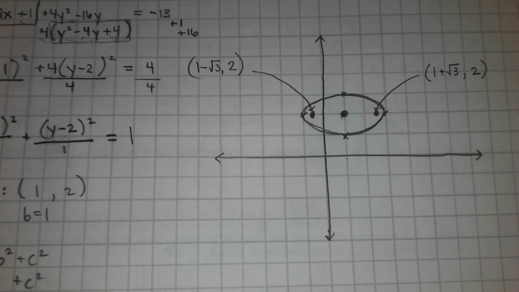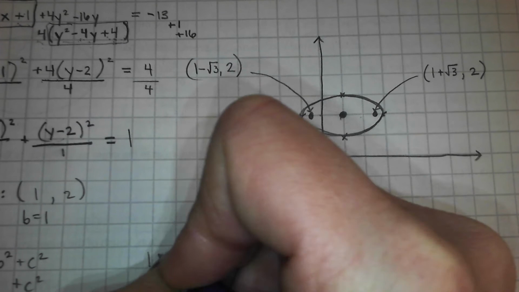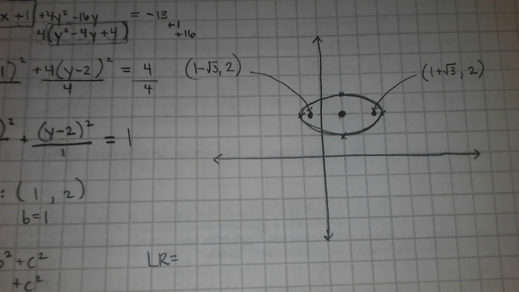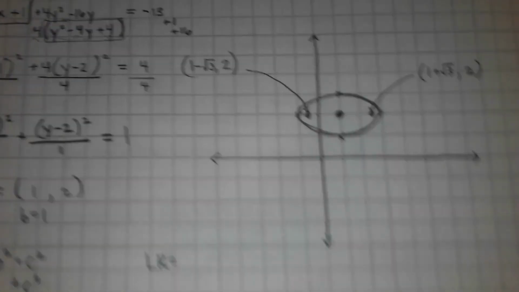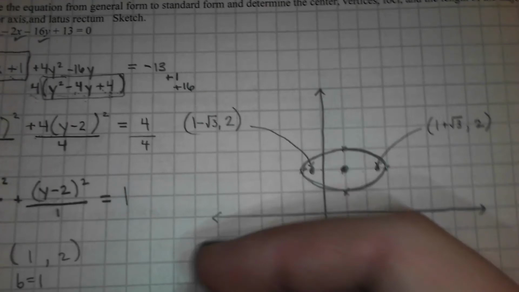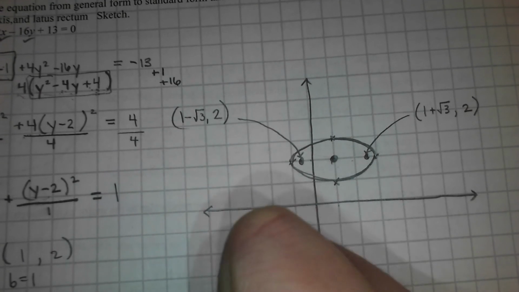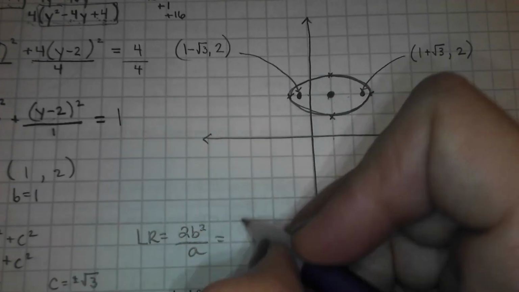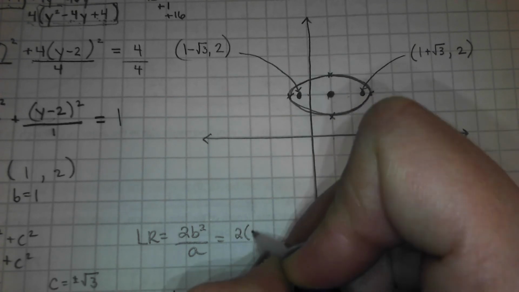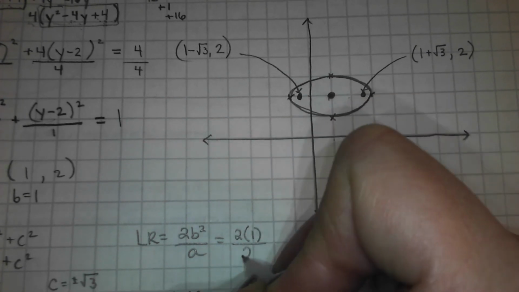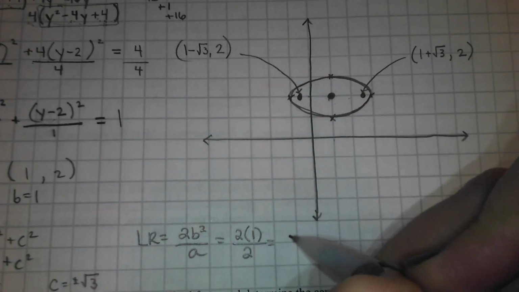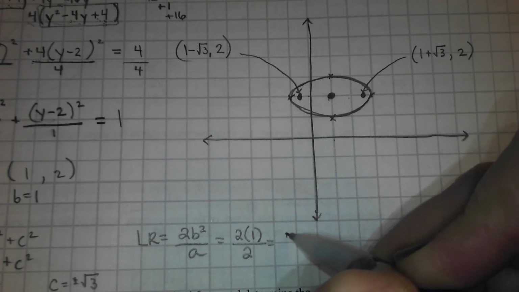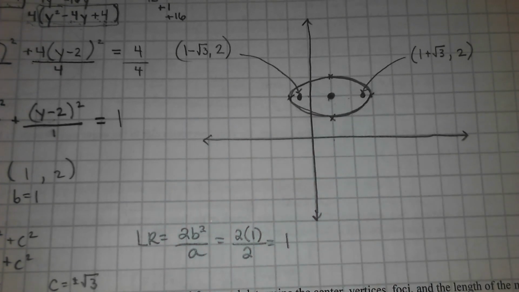focal points. Your length of the latus rectum is 2b squared over a. So b squared is 1, so 2 times 1 over 2 is 1. So the length of the latus rectum is just 1 unit long.